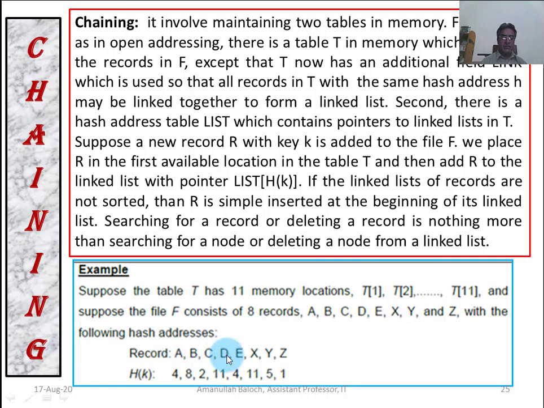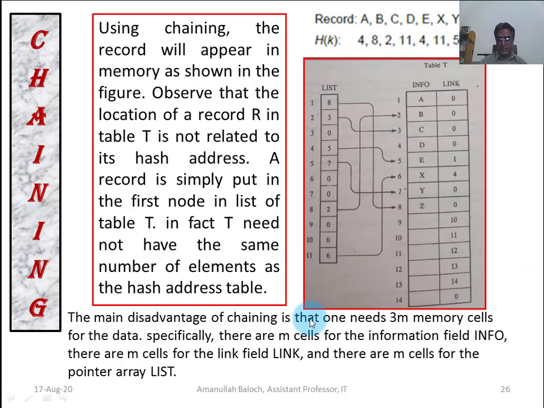This is actually the previous problem, and we are resolving the collision here. A and E are colliding because they wanted to store at the same location. D and X are colliding because they wanted to store at location 11. So the same problem, how will we solve it?